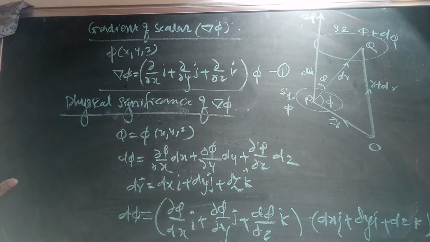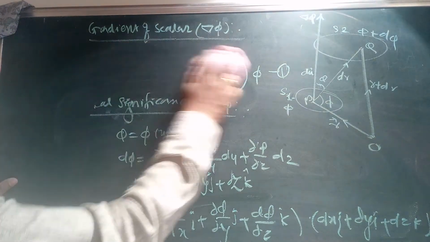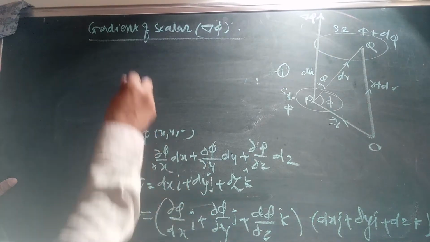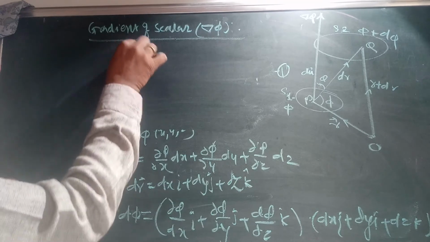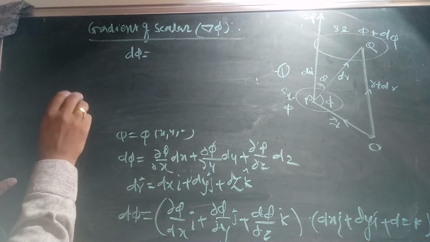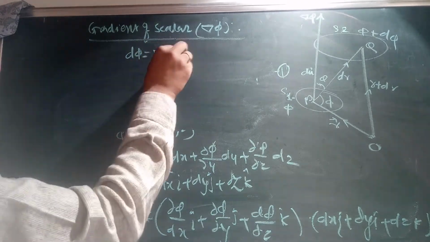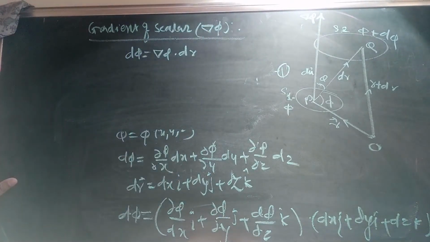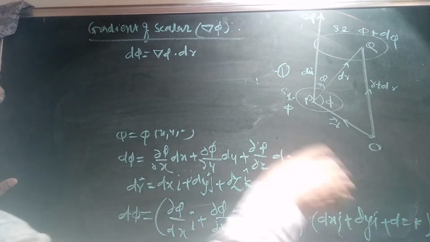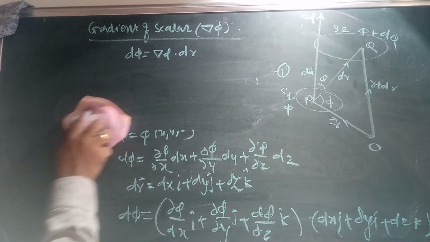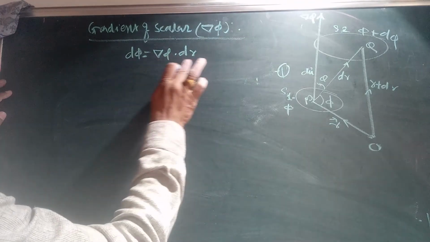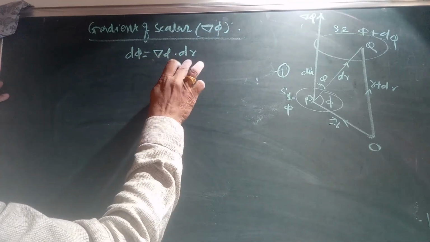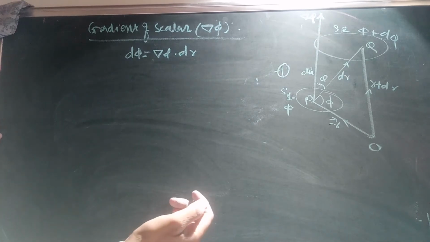Remember this quantity. I will repeat again: this quantity is del phi and this quantity is dr. So d phi is equal to del phi dot dr. If these are the two vectors, del phi and dr, then what is this dot product?